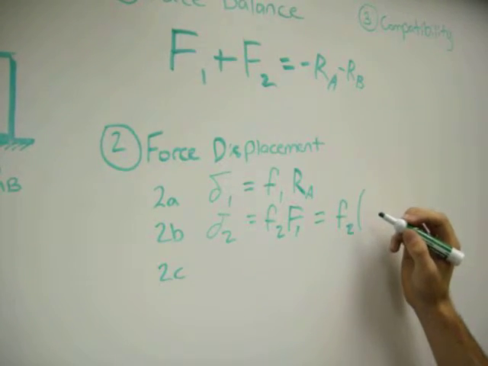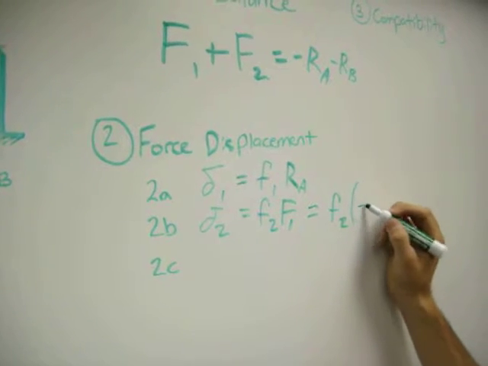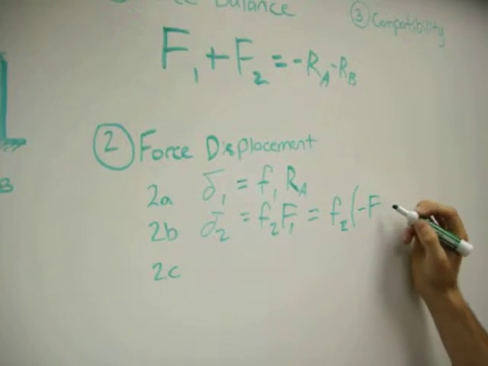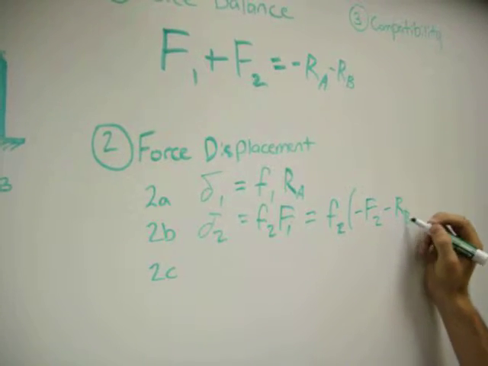We also get that the displacement at 2 is equal to the flexibility of 2 times the negative of force 2 minus the reaction at B.